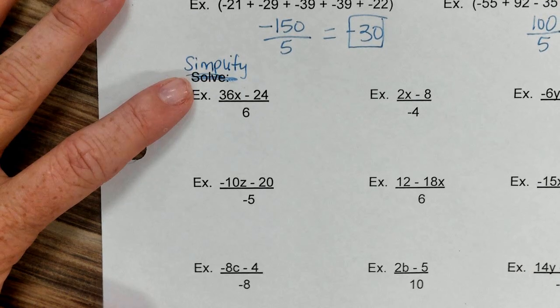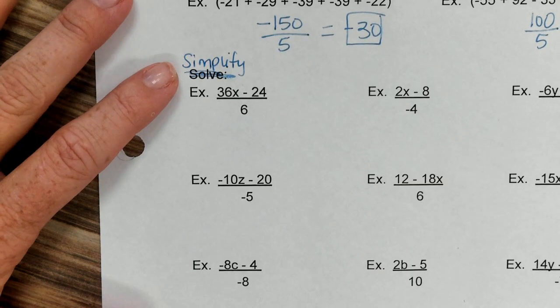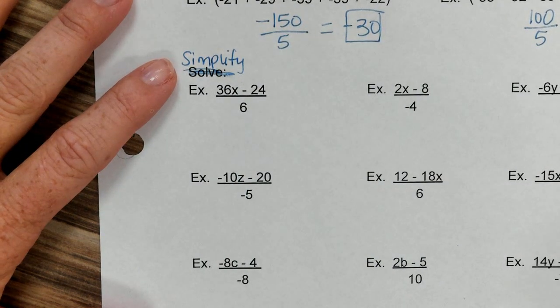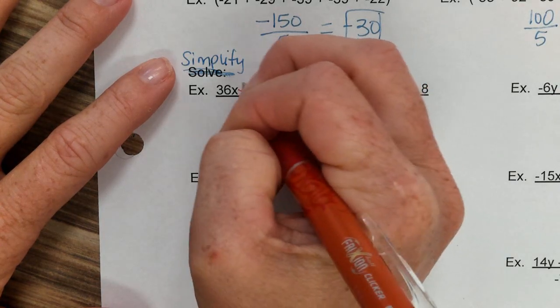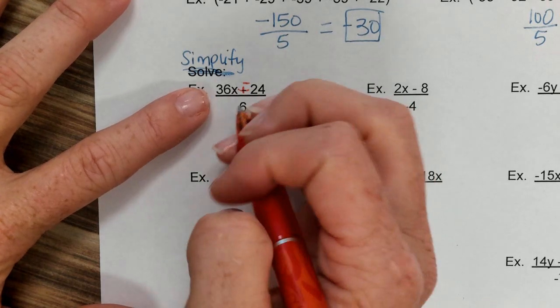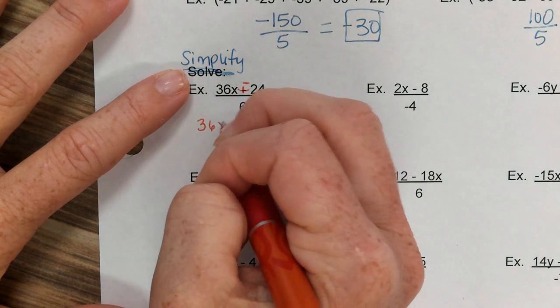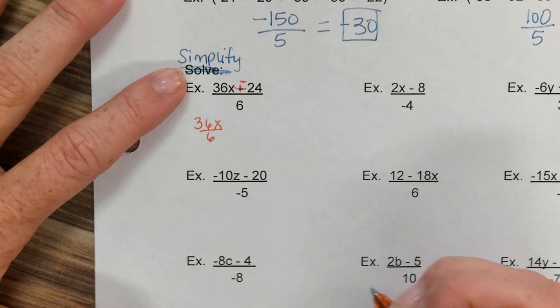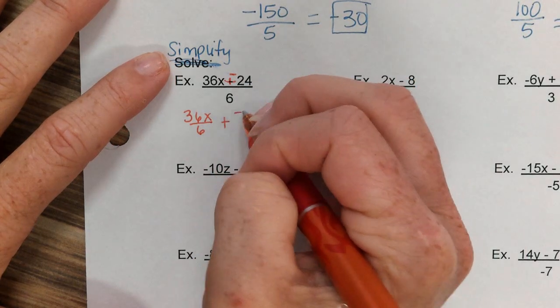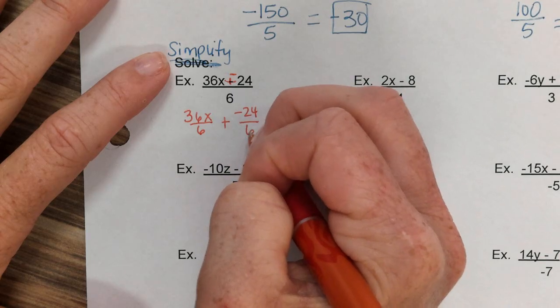Okay. Before you start, what do you think I'm going to tell you to do right there? Change, change. So change, change. So I'm going to take the first term and I'm going to put 36x over 6, because that's divided by 6, yes, plus negative 24 divided by 6.